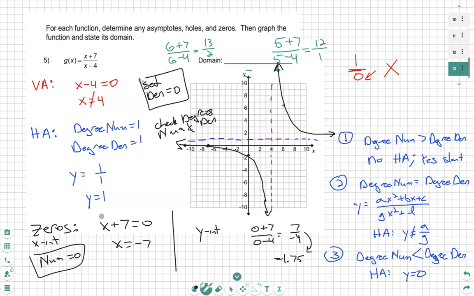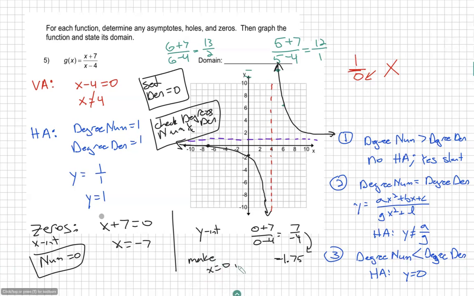Just little hints that we can have to remember. Y-intercept, make x equal 0 and solve for y. And then lastly, you just want to test points on both sides of the asymptotes. We have our accurate graph.